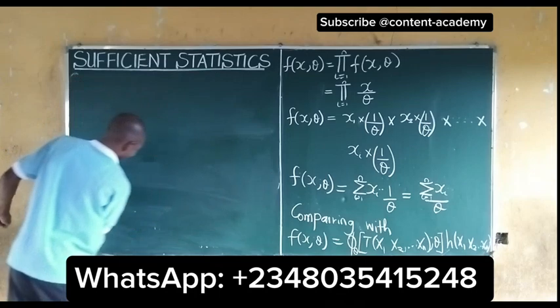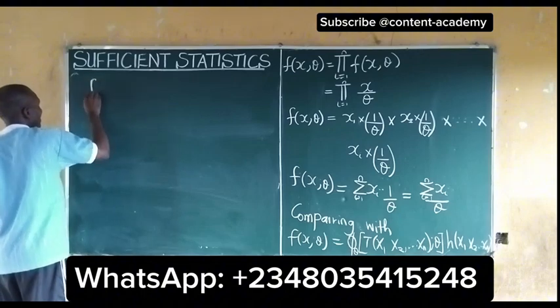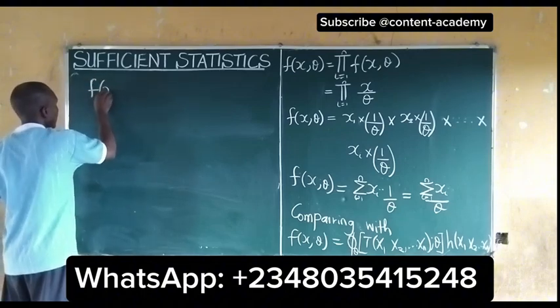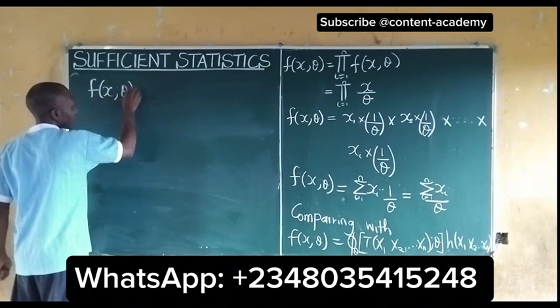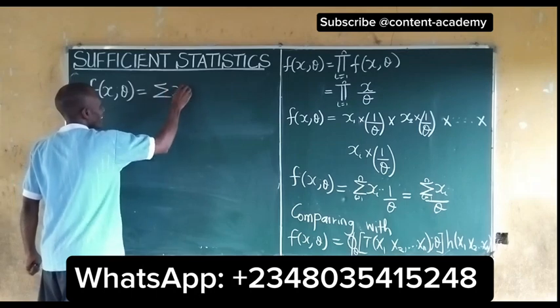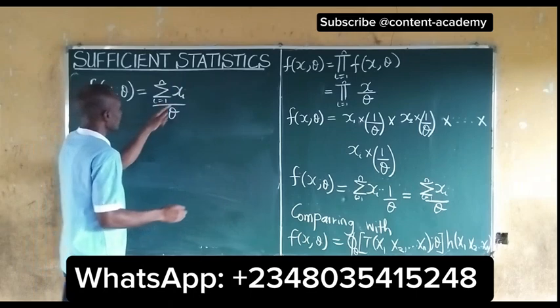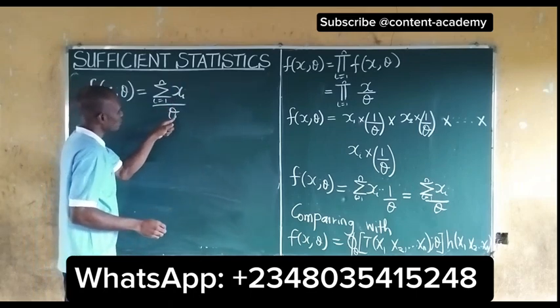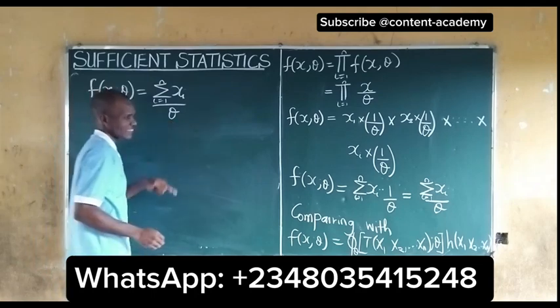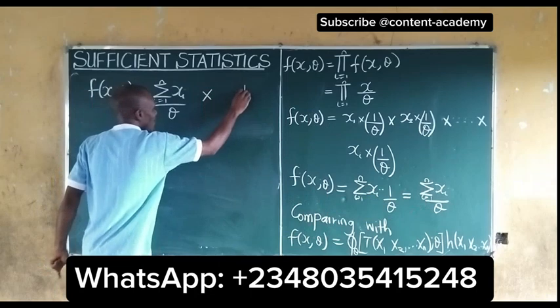So since we have our f of x theta, we have it as summation of xi's as i runs from 1 to n all over theta. We see that this will always be dependent on theta. That means what we have here, we say multiplied by 1.